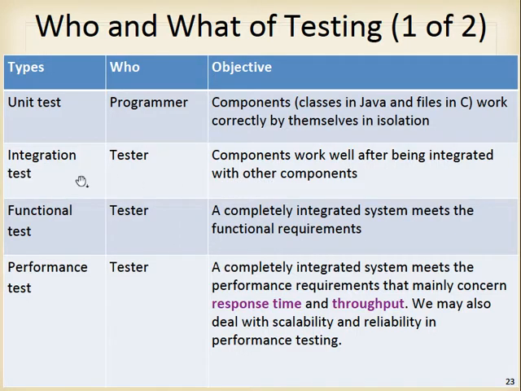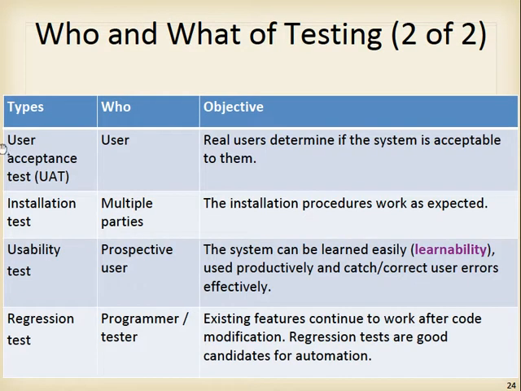Integration testing: components work well after being integrated with other components. Functional: meeting the functional requirements. Performance: meeting the non-functional requirements in terms of response and throughput. And user acceptance testing: do our users accept it? Installation: maybe it needs to be installed in multiple places, then it will become important.